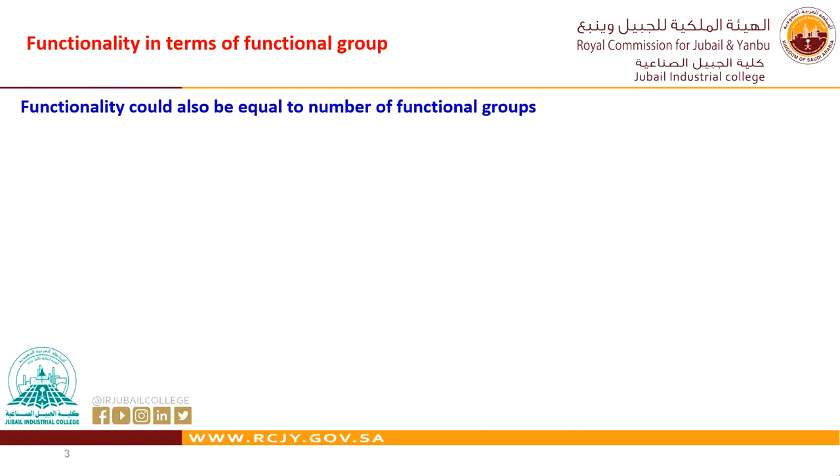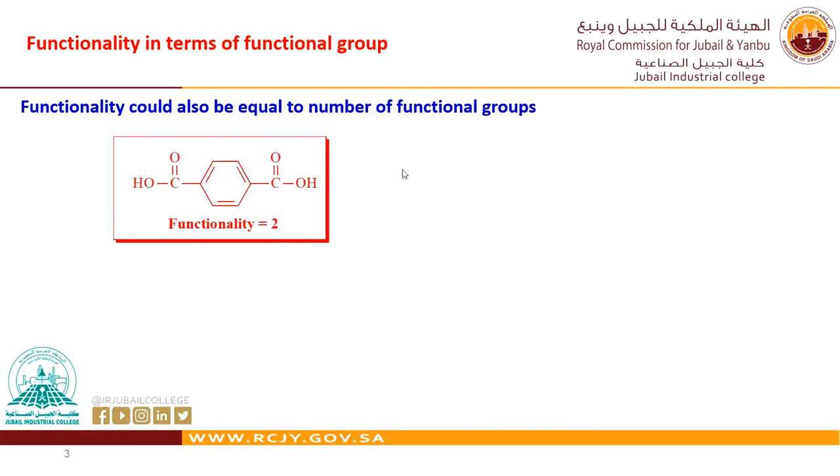We can also define functionality in terms of functional group. And this one is very straightforward because the functionality is equal to the number of functional groups. So if a molecule has one functional group, it means functionality is equal to 1. If it has 2 functional groups, it means functionality is equal to 2.